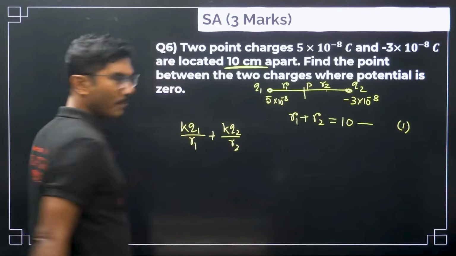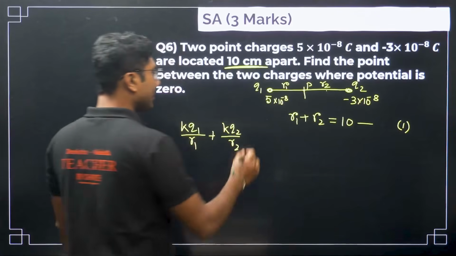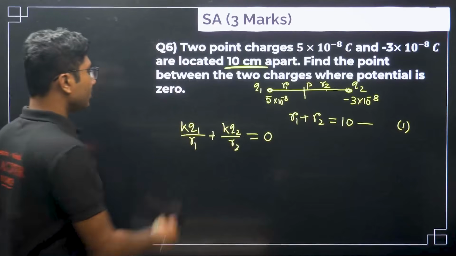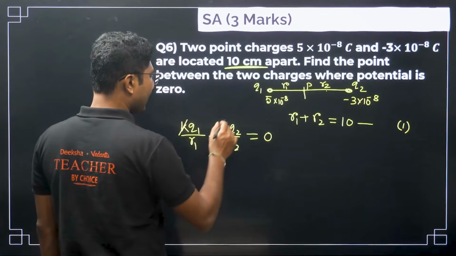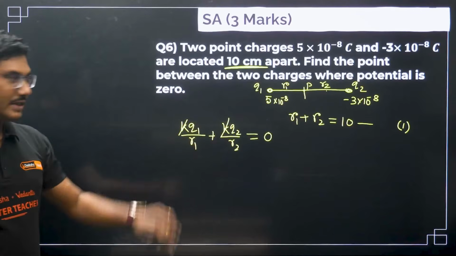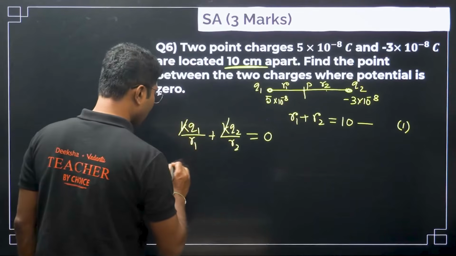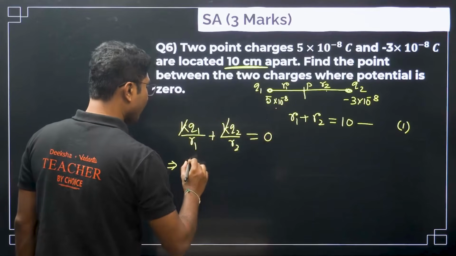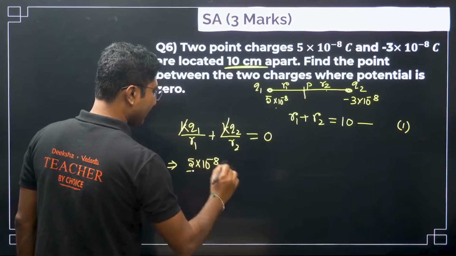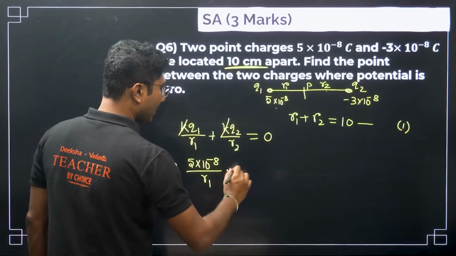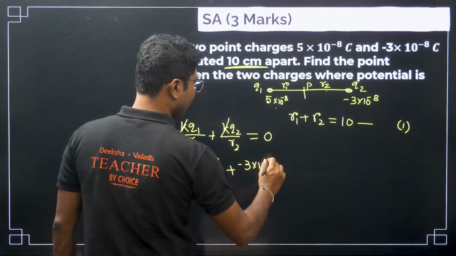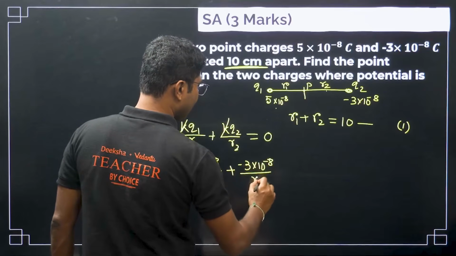This is R2, right? Now this is the total potential and it must be 0. Okay, so K is constant, so K will be common and it will cancel, it does not affect. Now let us put the value of Q1. So Q1 is 5 into 10 to the power of minus 8 divided by R1 plus minus 3 into 10 to the power of minus 8 divided by R2.